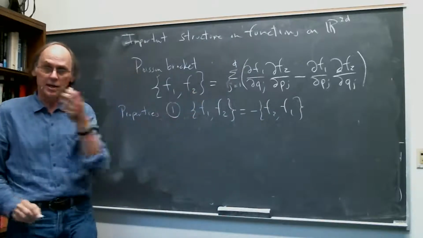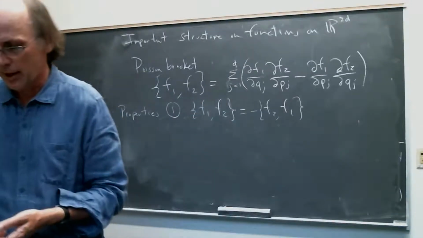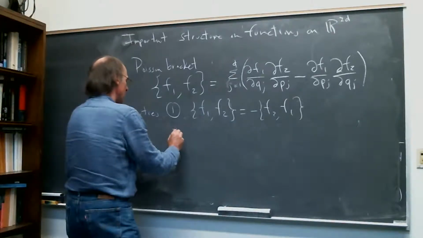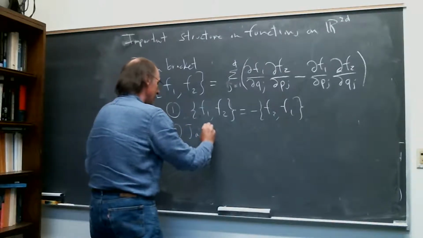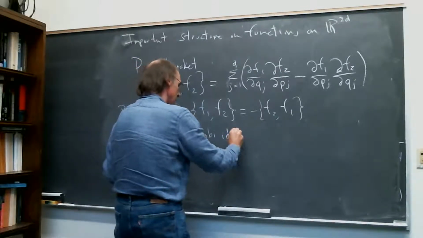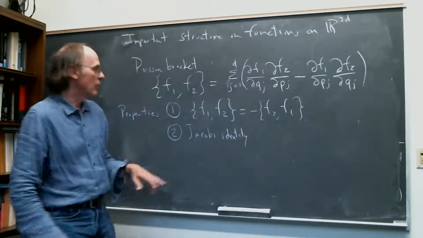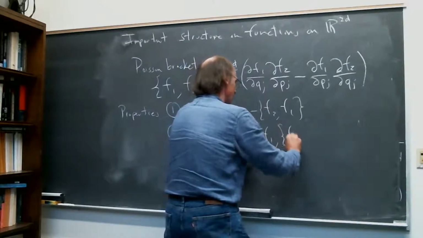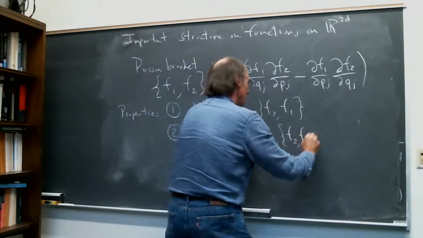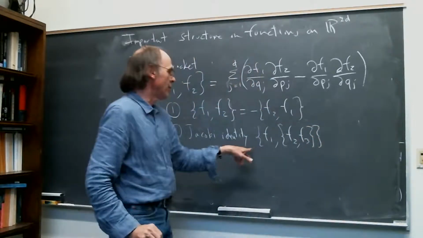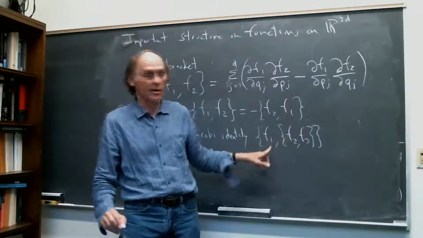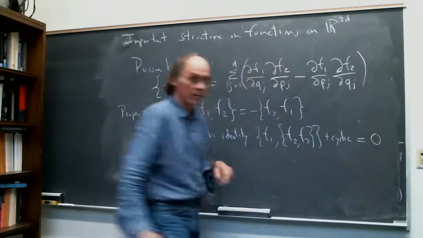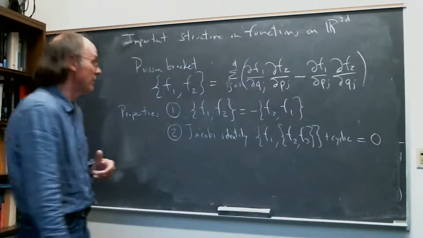So that's easy to see. With a little bit more work, you can show that it satisfies the Jacobi identity, which one way of writing is that {f1,{f2,f3}} plus all cyclic permutations of these three things sums to 0. That's a bit more work to show, but you can show that.